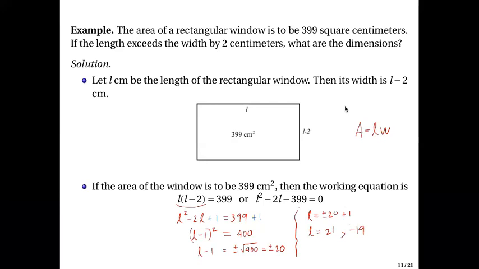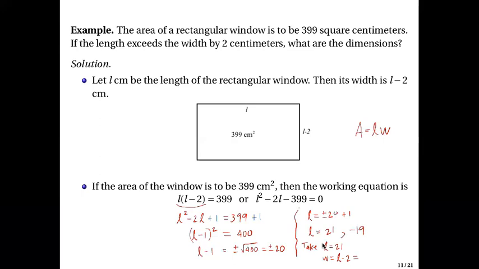But notice we are talking about length. It's a distance. It's a positive. This is negative 19. So we take L equals 21. And the width, this is L minus 2.